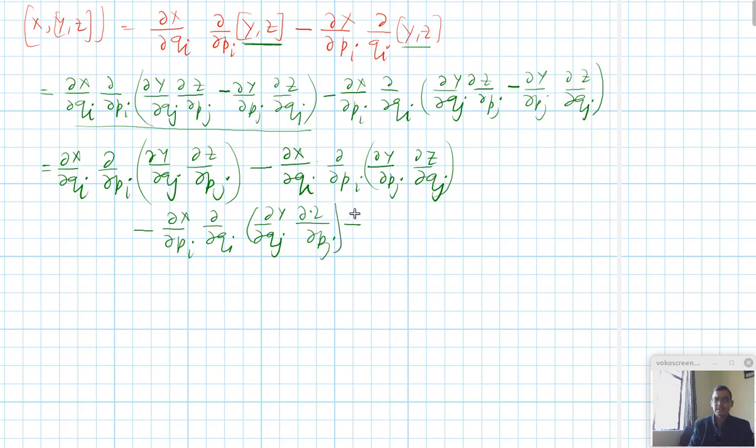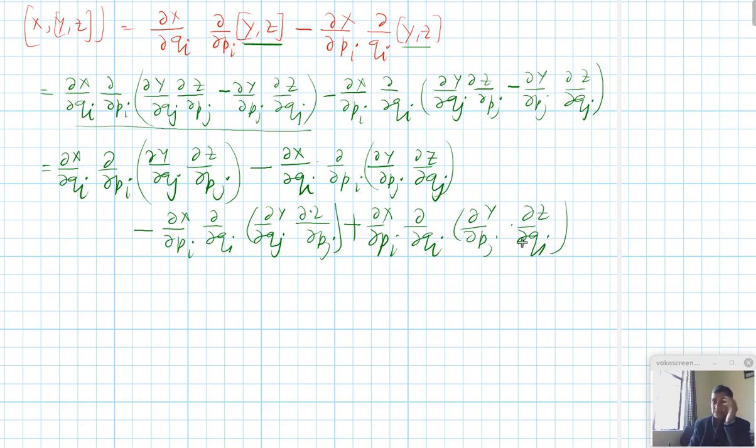Then this minus minus will become plus, so it is plus ∂X/∂pi, ∂/∂qi, ∂Y/∂pj and ∂Z/∂qj, right?